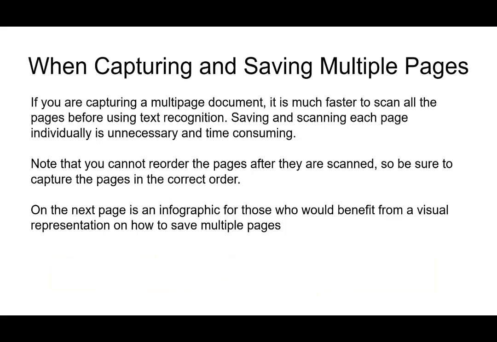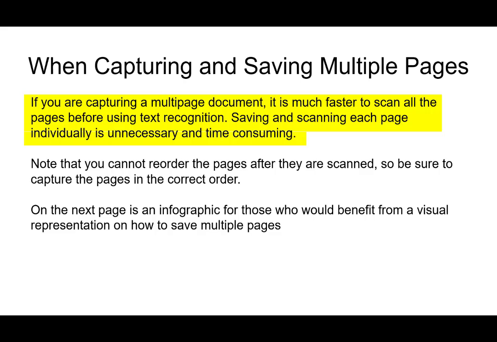So when you're capturing and saving multiple pages, this is the method that we're recommending that you utilize, just because when you're capturing a multi-page document, it's much faster to scan all the pages before performing any sort of text recognition, and it's really unnecessary to save each page as its own individual file, because it saves a lot of time.